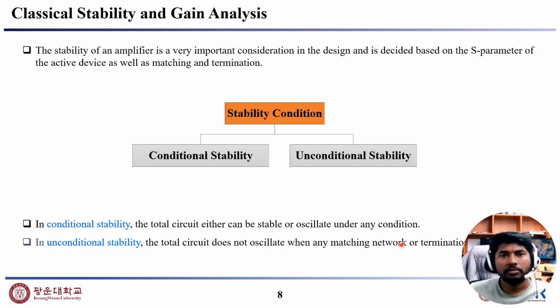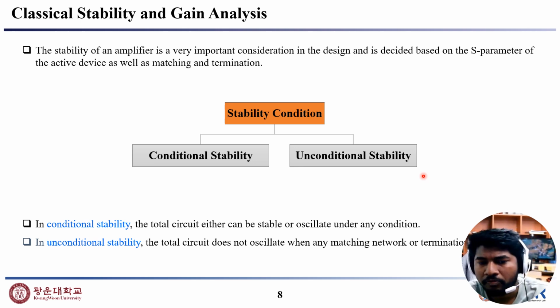Our next topic is classical stability and gain analysis. So stability condition is mainly divided into two: conditional stability and unconditional stability. The stability of an amplifier is a very important consideration in the design and is decided based on the S parameters of the active device as well as matching and termination.